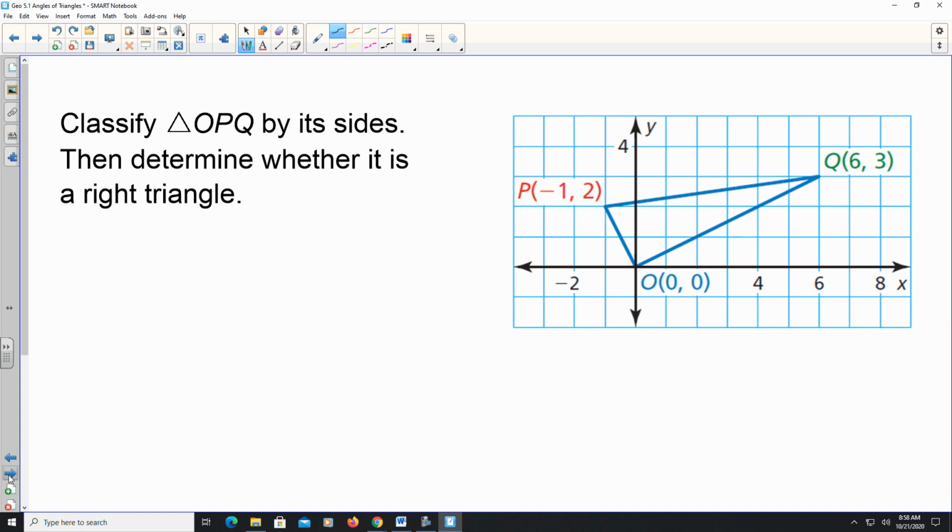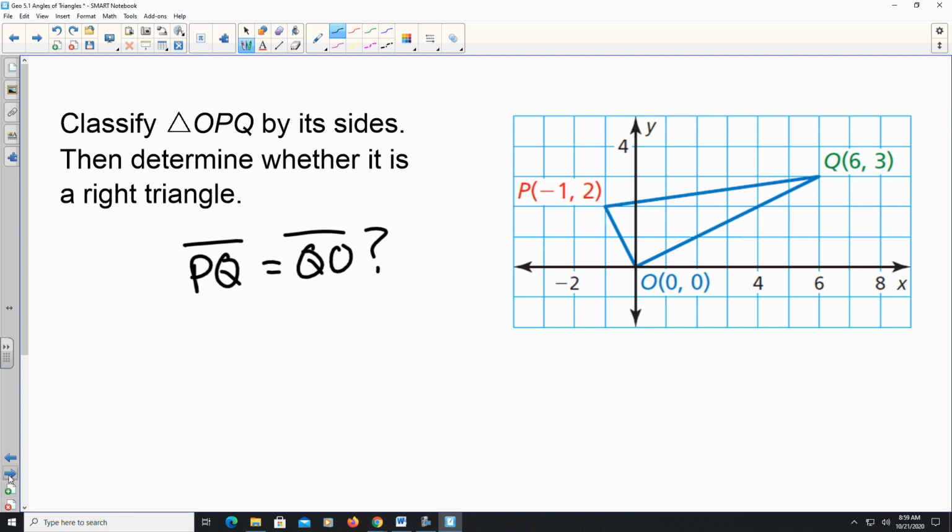Right now, I know just by looking at it that line segment PO is not going to be the same as PQ or OQ. So now the real question is, is it going to be isosceles? I want to know if line segment PQ is going to be the same as QO. That is my question.